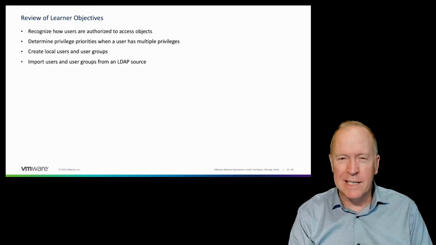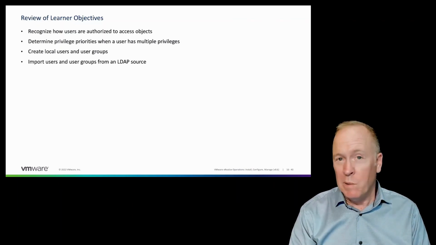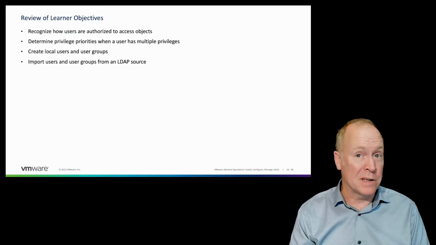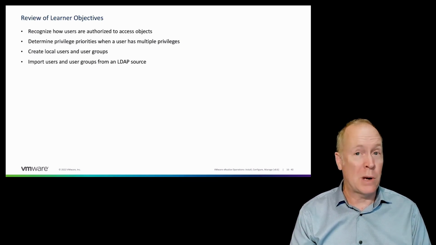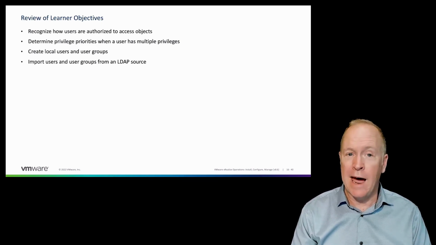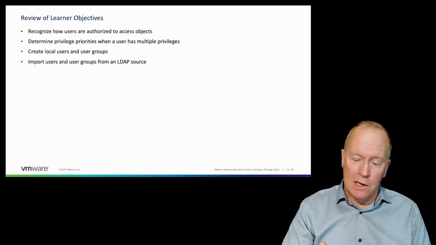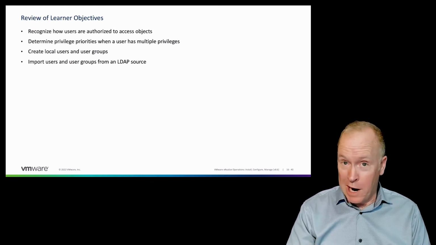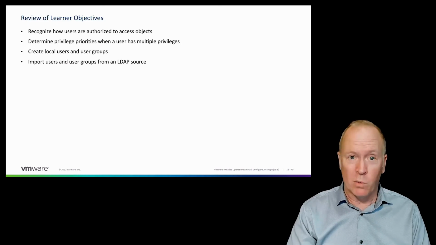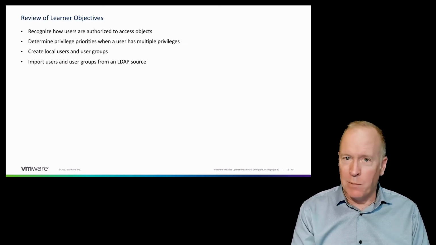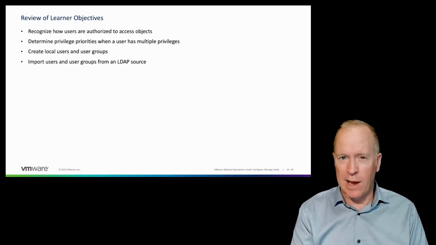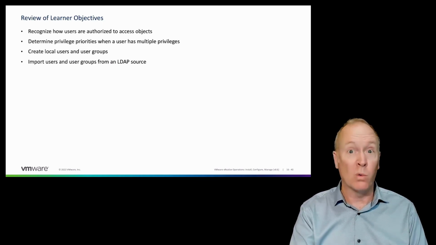Now that we're done with this lesson, let's do a quick recap. We started off by talking about the difference between authentication and authorization. We showed you how authentication works and how we assign what users are authorized to do using role assignments. We talked about how vRealize operations handle situations where a user has multiple roles.